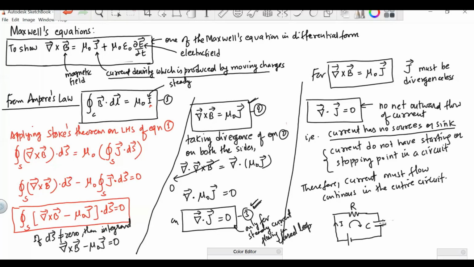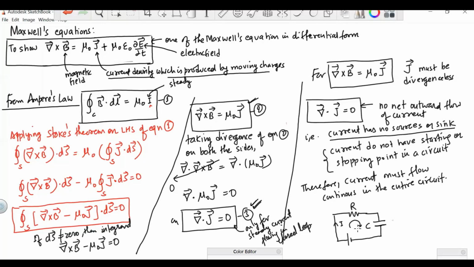And there is a gap between the plates of the capacitor, so charge does not cross from one plate to another.